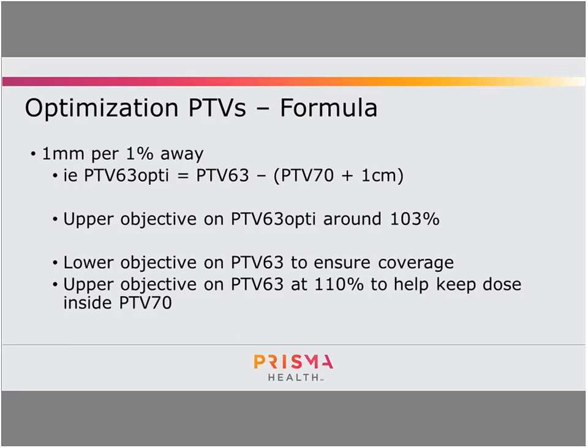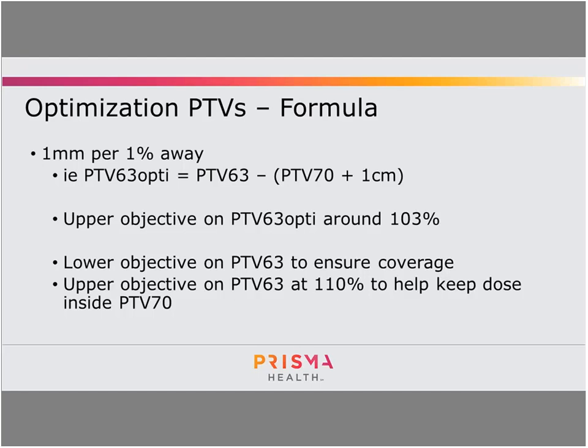If you're only 1 or 2 millimeters away from a PTV 70, you're not going to be able to get the optimizer to account for that lower dose, like a 64.5 or 65 gray. It's going to have some 70 gray right there because you're right next to a PTV 70. And so if you are doing a 1 or 2 millimeter optimization expansion there, you're going to compromise your coverage some on your higher PTVs.